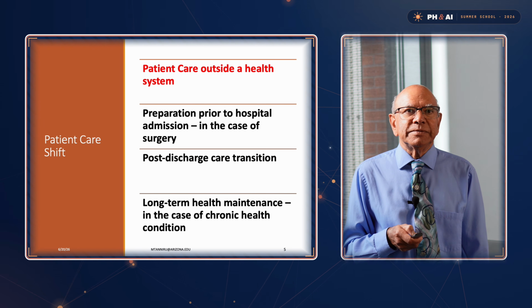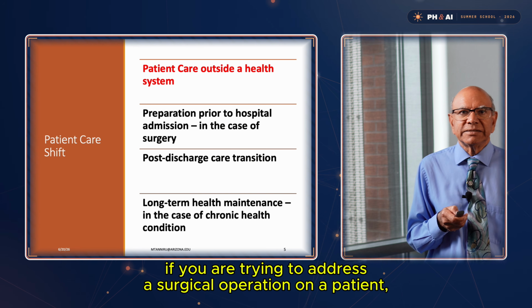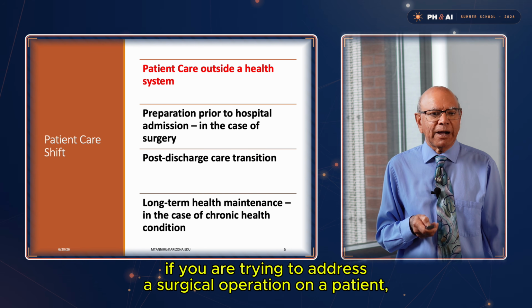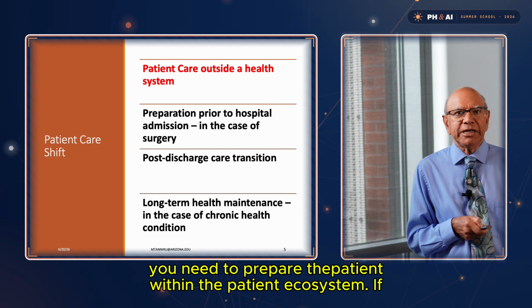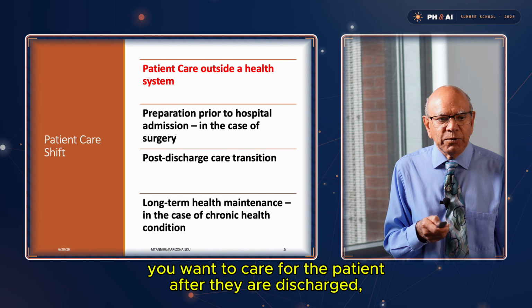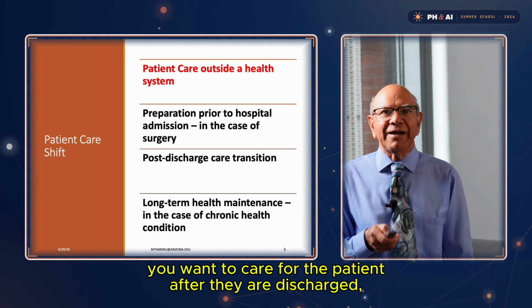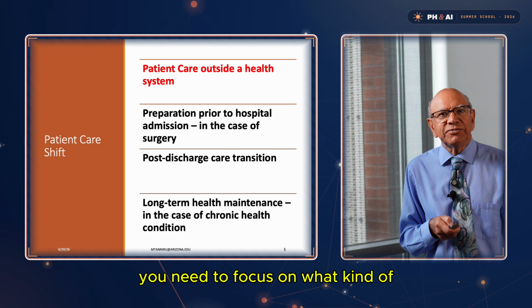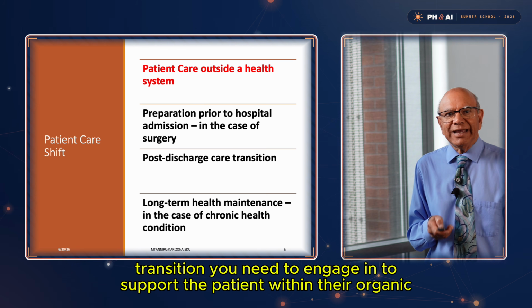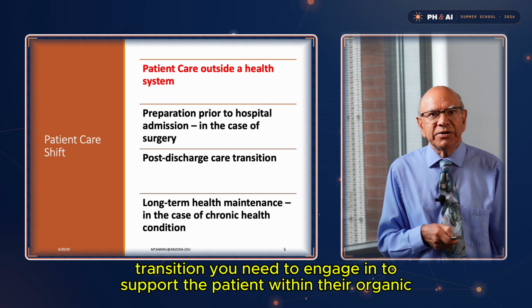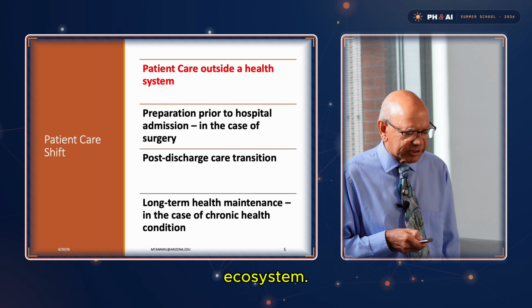For example, if you are trying to address a surgical operation on a patient, you need to prepare the patient within the patient ecosystem. If you want to care for the patient after they are discharged, you need to focus on what kind of transition you need to engage in to support the patient within their own, again, ecosystem.